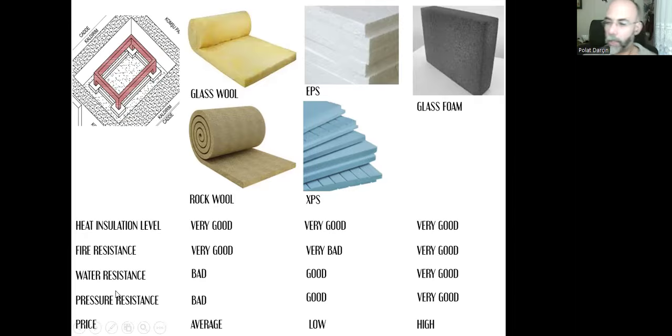There will be pressure of the earth and water outside these materials. So we don't need glass wool or rock wool because they will get ruined in that damp environment with all the pressuring earth.